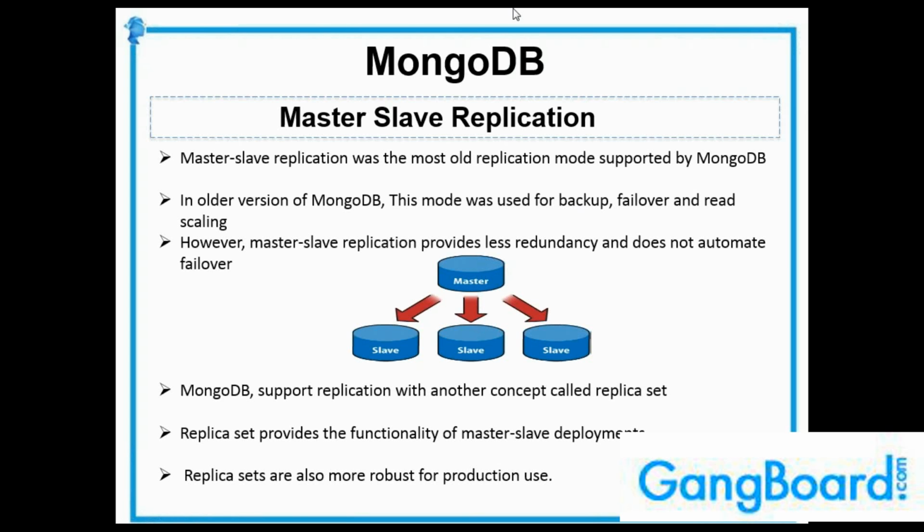In replication you can do reads and writes only in the primary. In secondaries you can do reads but not writes. You can't do insert, update, delete in any of the secondaries.